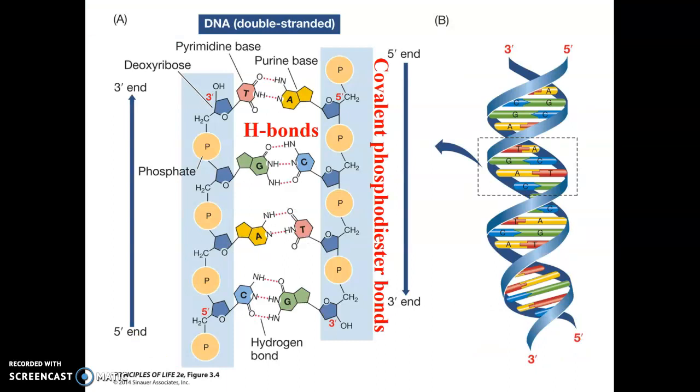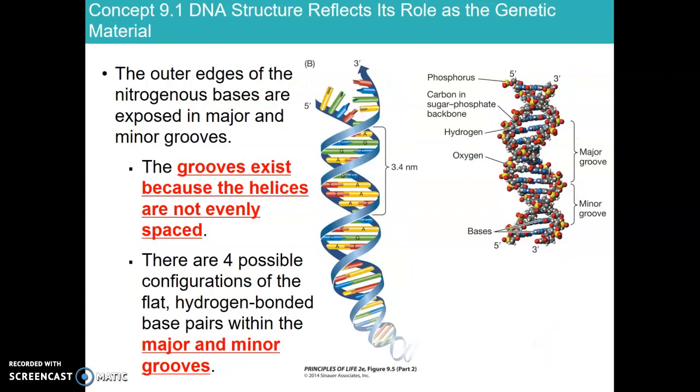So here you can see the hydrogen bonds are what hold the bases together, and the sugar and phosphates are held together by covalent phosphodiester bonds. And that they are anti-parallel, 3', 5'. The outer edges of the nitrogen bases are exposed in what we call major and minor grooves. The grooves exist because the helices are not evenly spaced, or the twist, is what they're saying.